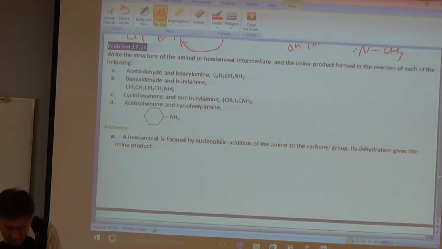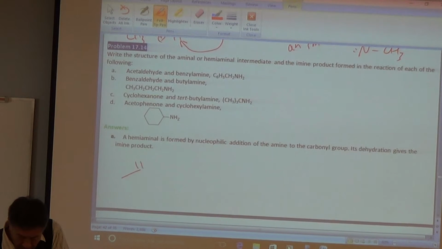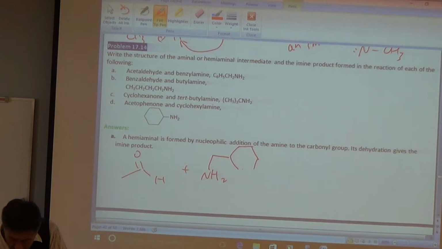So the first one, you have the acetaldehyde and the benzylamine. So let's write them out. Acetaldehyde is this aldehyde. Benzylamine is this NH2, and then you have this benzyl.